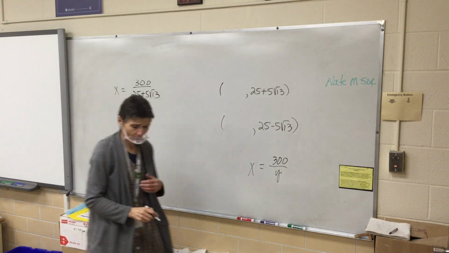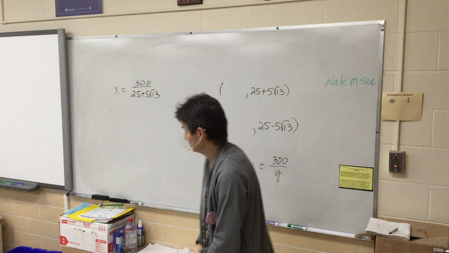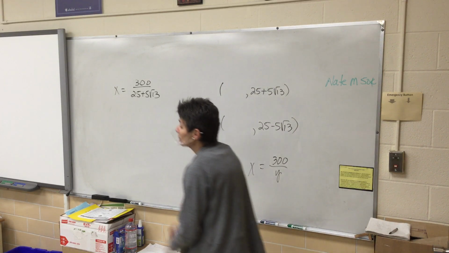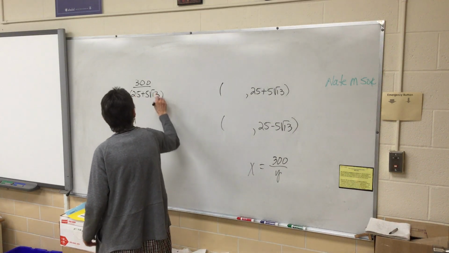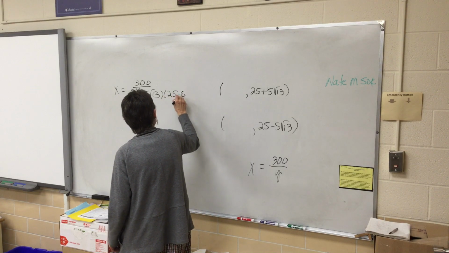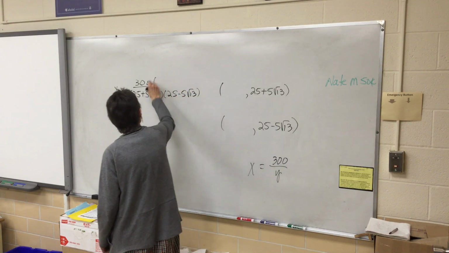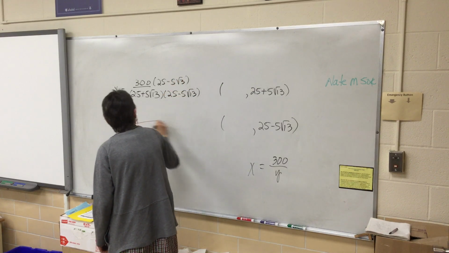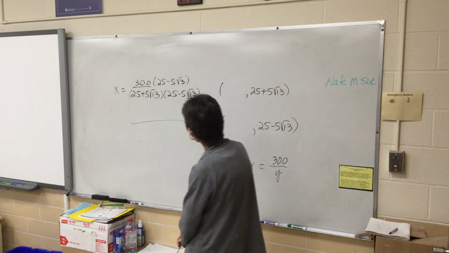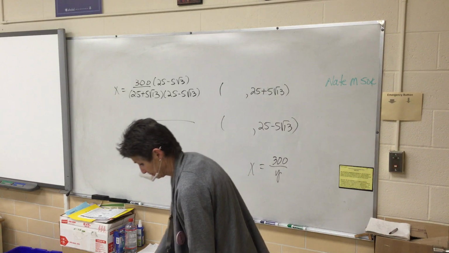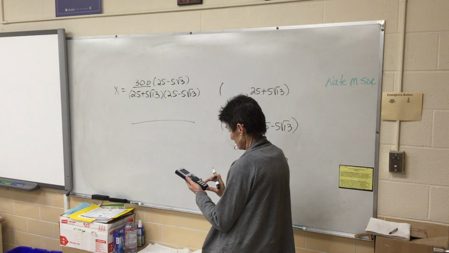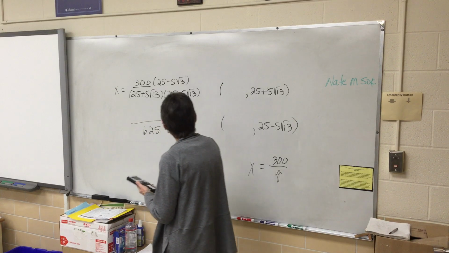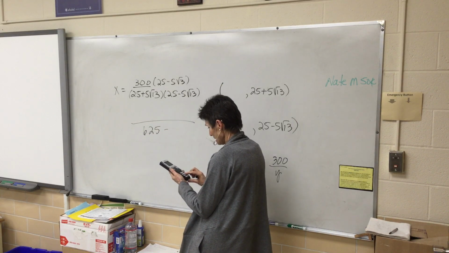What in the world do I do with that? Multiply it by the conjugate. 25 minus 5 root 13. Lordy, lordy, lordy. So what's on the bottom? 625 minus 25 times 13.